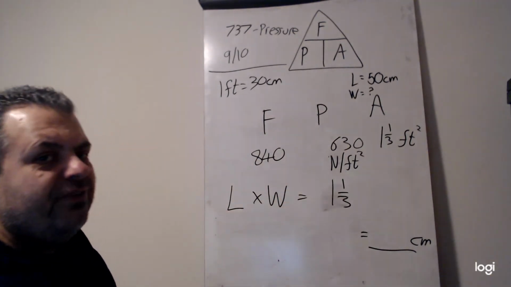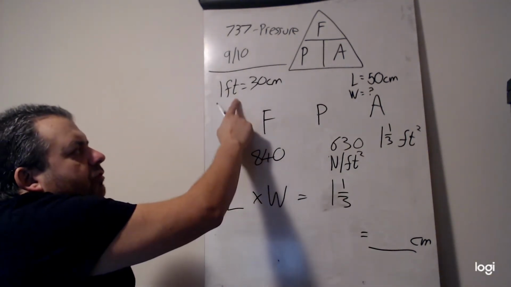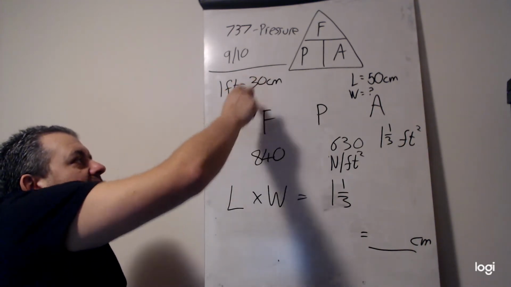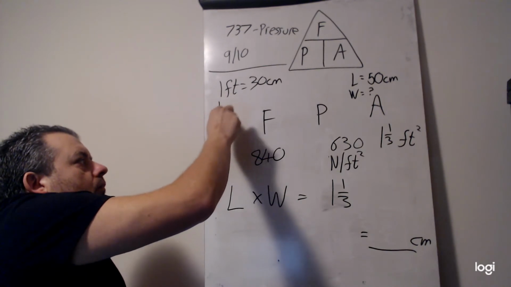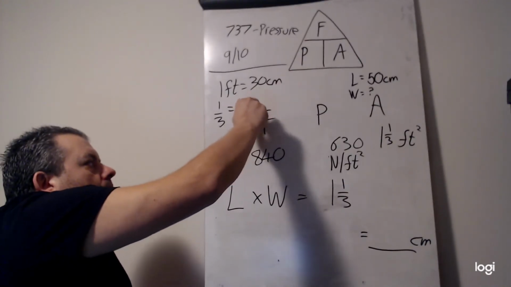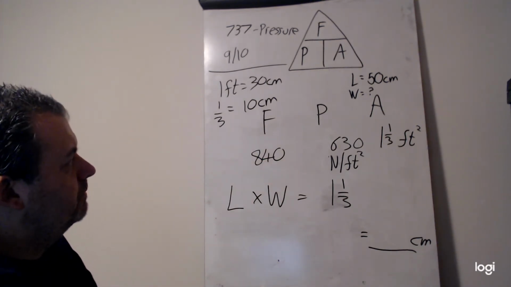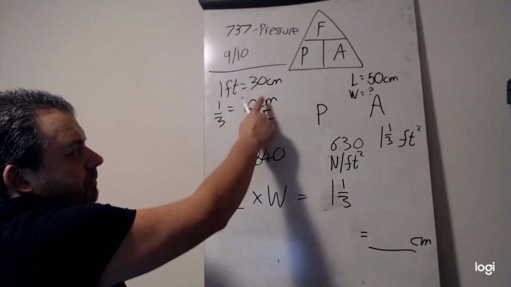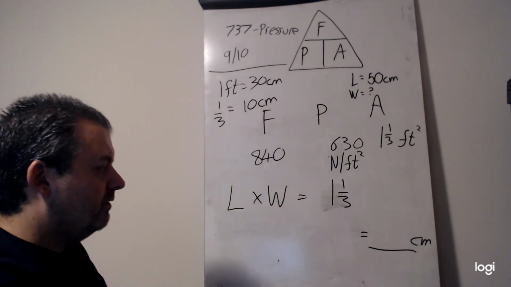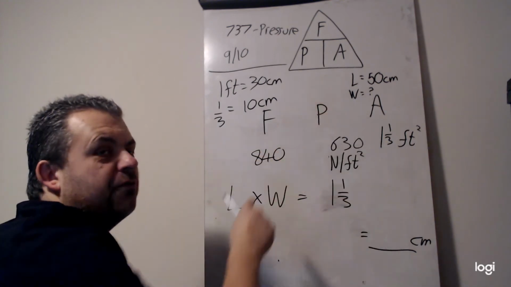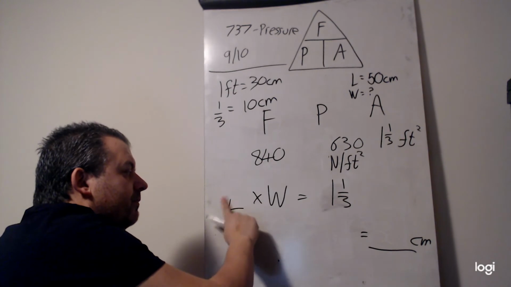Length is 50 centimetres. Let's go back to this. If 30 centimetres is 1 foot, a third of a foot, divided by 3, is 10 centimetres. So 50 centimetres, times it by 5.